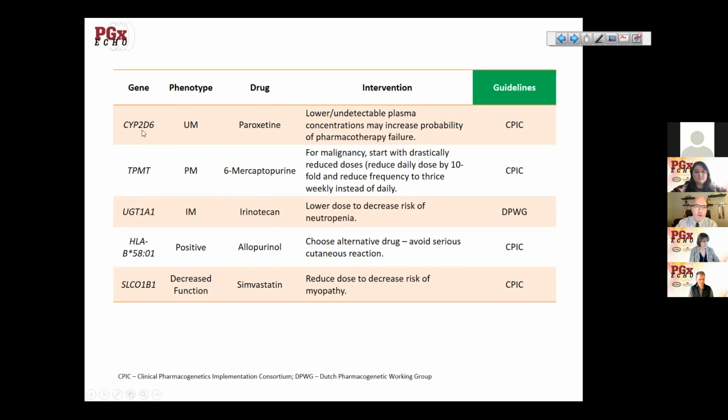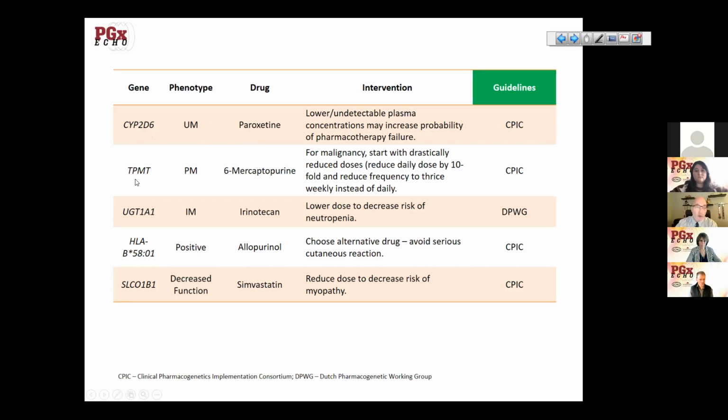So for instance, a CYP2D6 example with an ultra-rapid metabolizer receiving paroxetine, we're going to have the potential for low or undetectable plasma concentrations and potential pharmacotherapy failure. And so there's recommendations in the CPIC guidelines on how to approach this kind of patient. And these are all heavily vetted evidence-based guidelines.